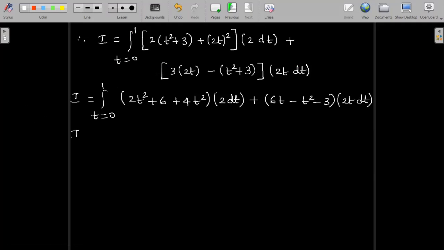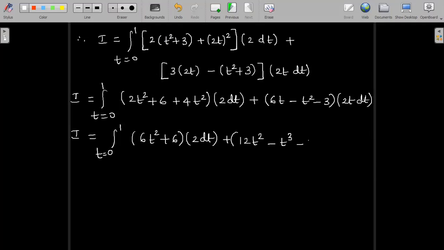Let me write a common dt in the next step. So the integral from 0 to 1, t varies from 0 to 1. Then first we can add the like terms: 2t square plus 4t square is 6t square plus 6, multiplied by 2 dt. In the next term there are no like terms, so I will multiply each term with 2t. So we have 6 into 2, 12t square, minus t cube, minus 3t, we actually have to multiply by 2t.